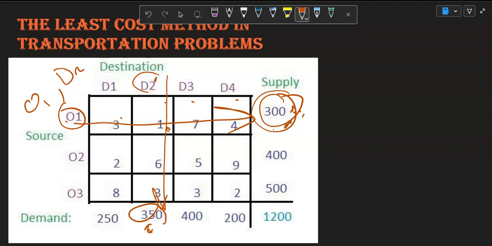So we give everything that this guy can supply, so it's 300, isn't it? Now when we do that, if we supply everything to D2, meaning O1 will not have anything, isn't it? He'll remain with a 0. Okay, and if we supply 300 to D2, it will remain with a 50, isn't it?